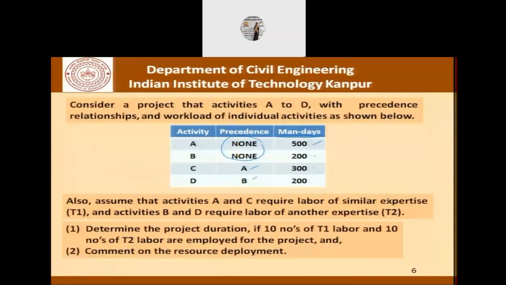What we tried to talk about was that if we allocate, let's say, 10 laborers of T1 expertise and 10 laborers of T2 expertise, how will the project planning be done?